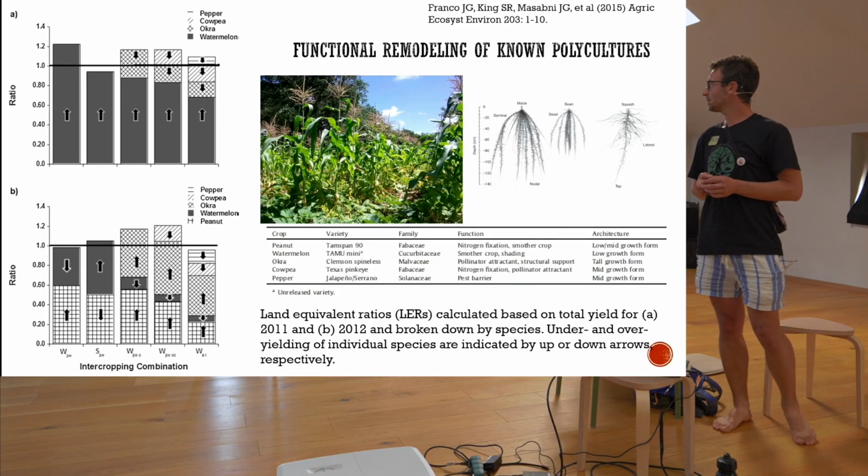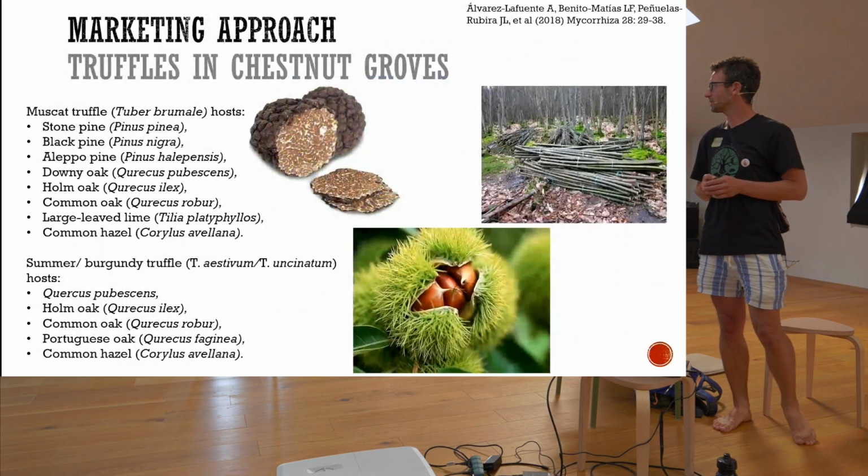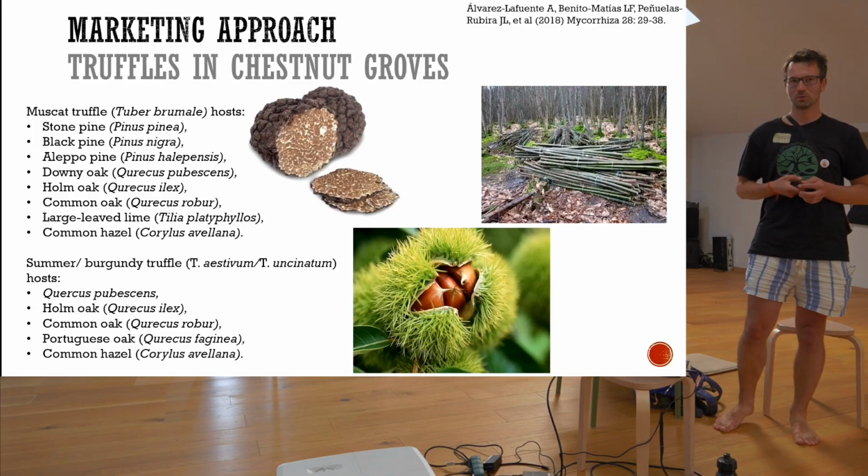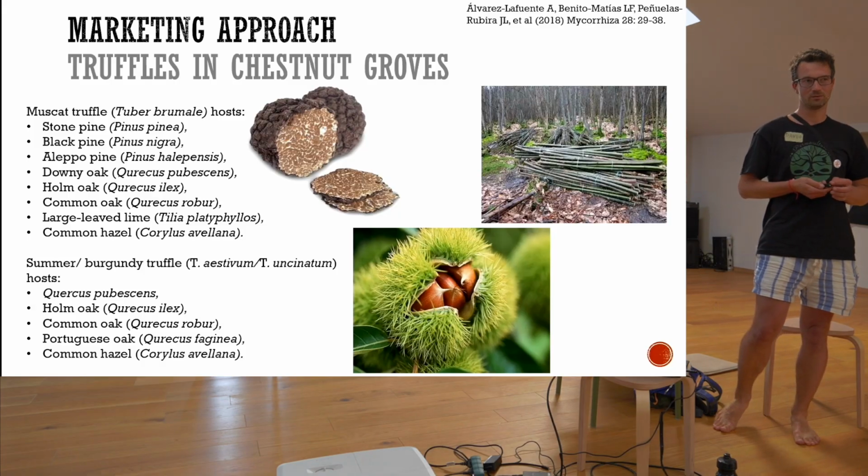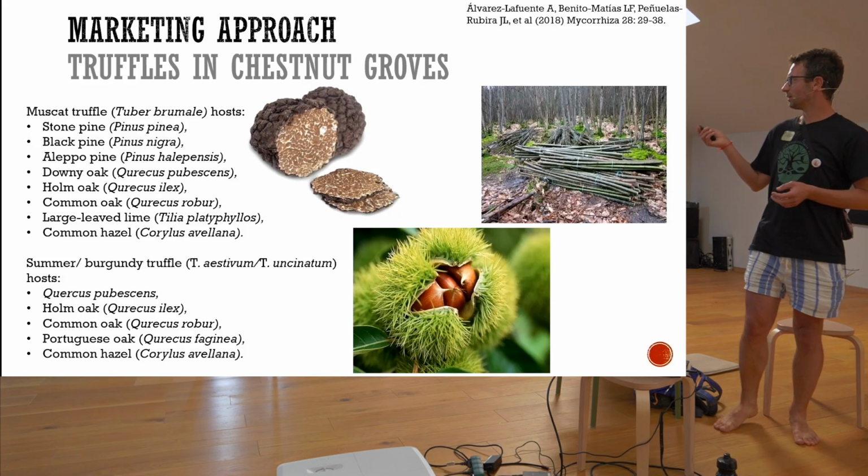If you have a system, for example, if you grow chestnuts or hazel and you want to produce something very expensive, you can, for example, grow truffle.